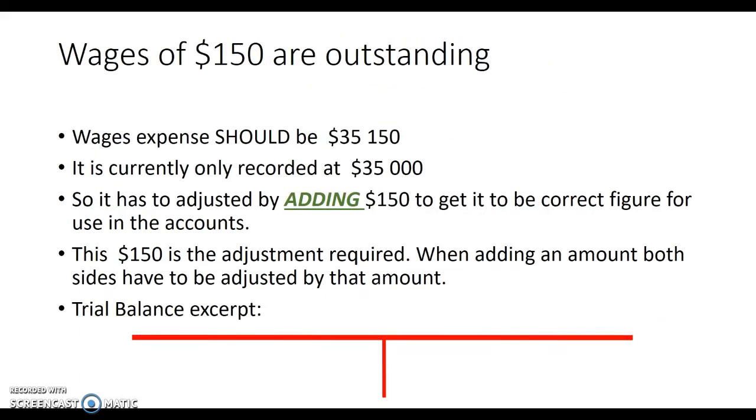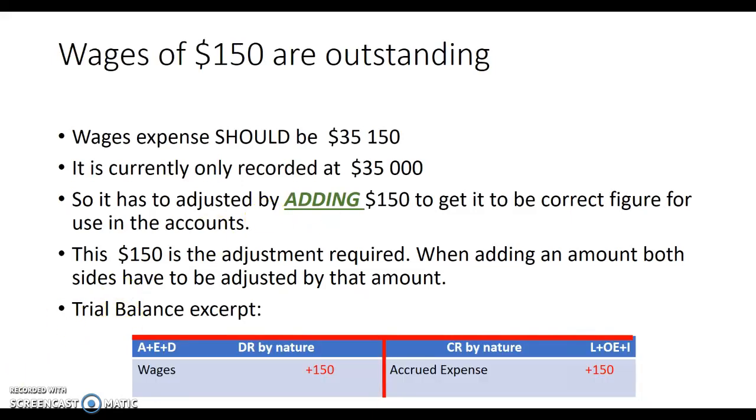Wages of $150 are outstanding. The wages expense should be $35,150. It's currently only recorded at $35,000. So this has to be adjusted by adding, and the adjustment figure is $150, to get the correct figure for use in the accounts. When adding an amount to both sides, we know the rules.